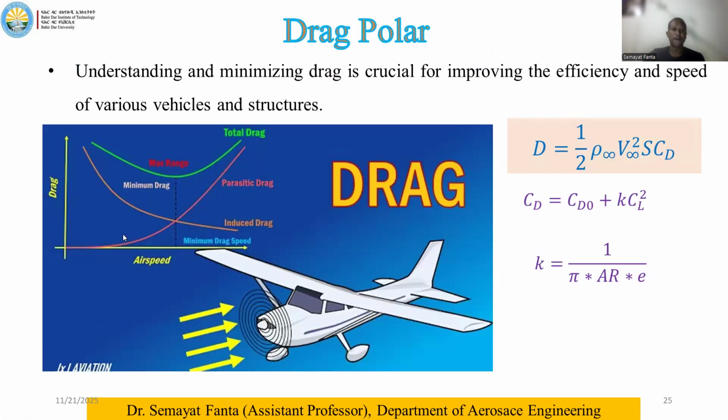So this is the drag polar, just to understand it. CD is equal to CD naught plus K CL squared, and K is equal to 1 over pi times aspect ratio and also the efficiency factor. So we have the airspeed versus drag curve.